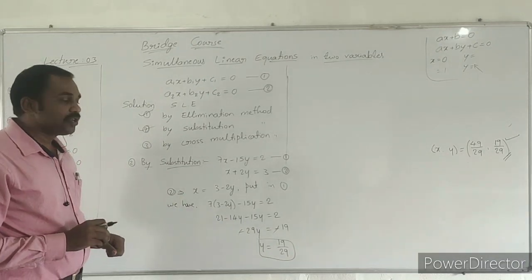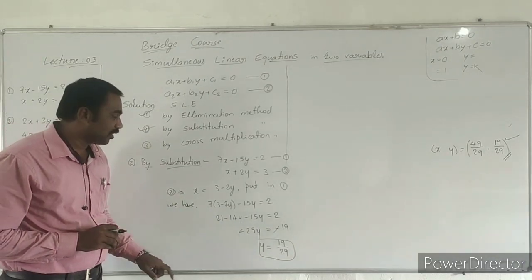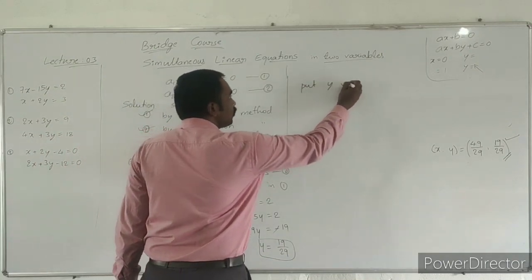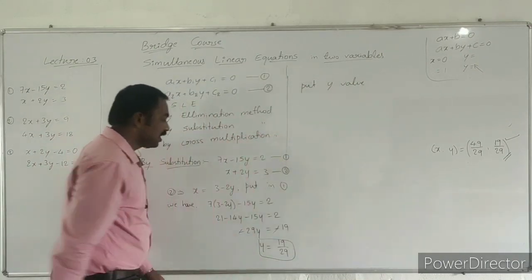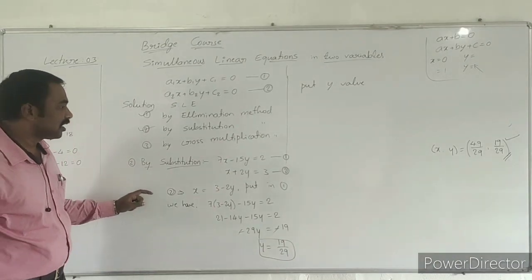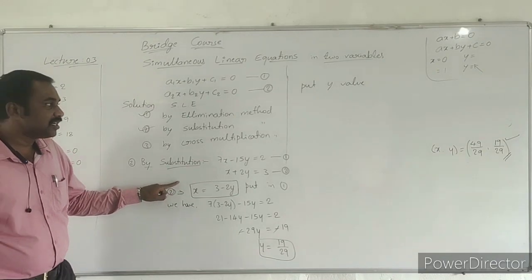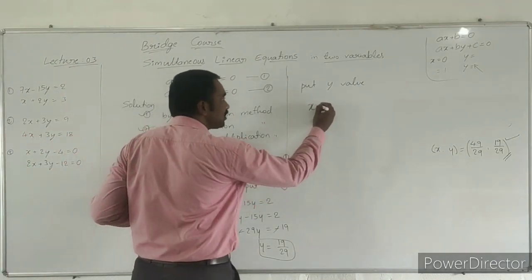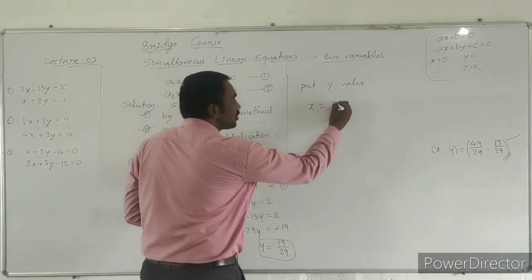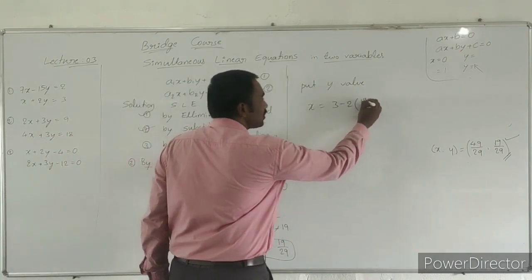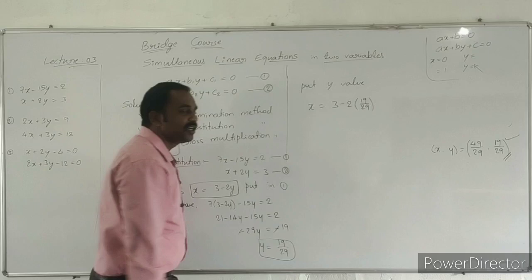Now similarly, we have to get the x value. Put this y value in the x expression. What is that? x is equal to 3 minus 2 into y, and y is 19 divided by 29.